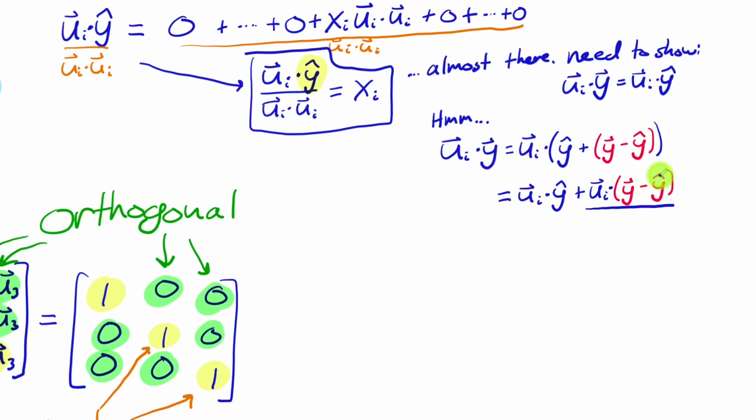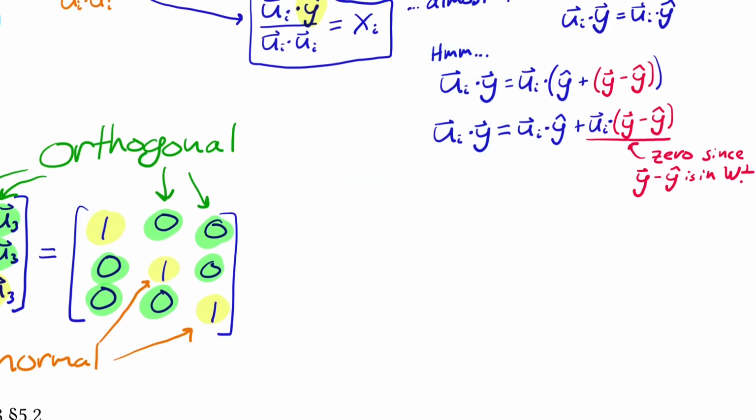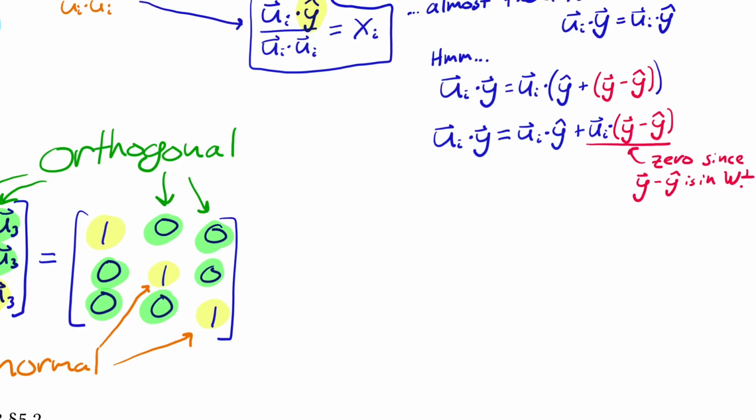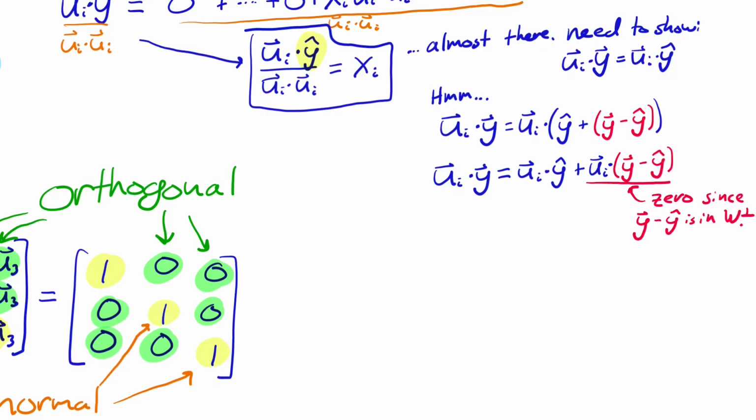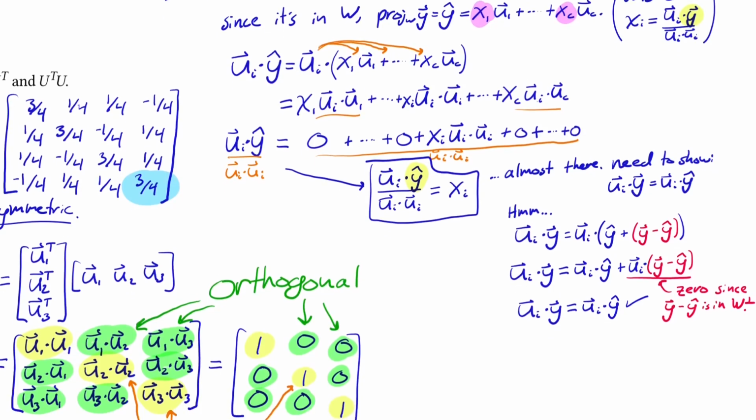Well, y hat is the unique vector that makes this orthogonal part, y minus y hat, orthogonal to everything in W. So yes, ui dot y is the same as ui dot y hat plus 0. So those are equal. And that means that you can replace this y hat in the formula we just found with y, and you get the same thing. And so yes, that works in general.